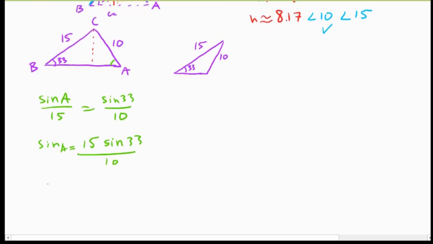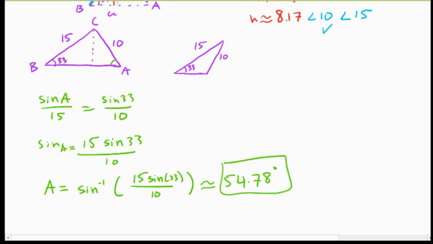So angle A is equal to the inverse sine of 15 times sine of 33 over 10. When I plug that into a calculator, I get about 54.78 degrees. That's my first measurement for my big triangle.